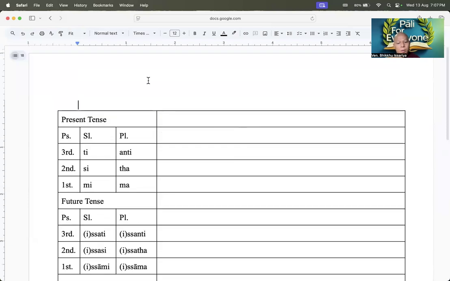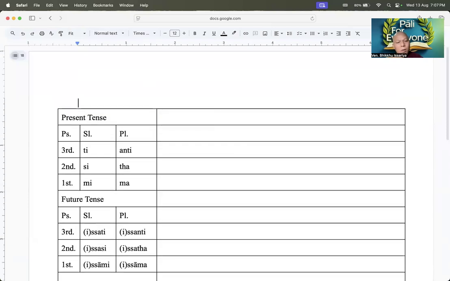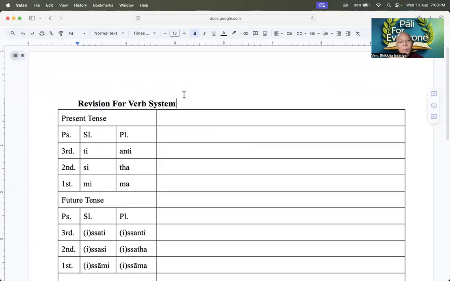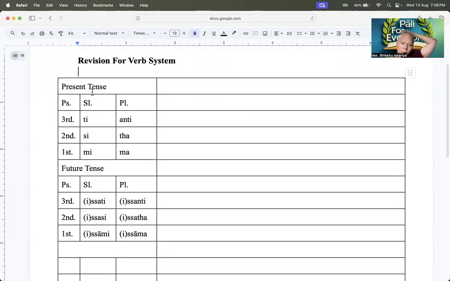So today, repetition for the verb system.